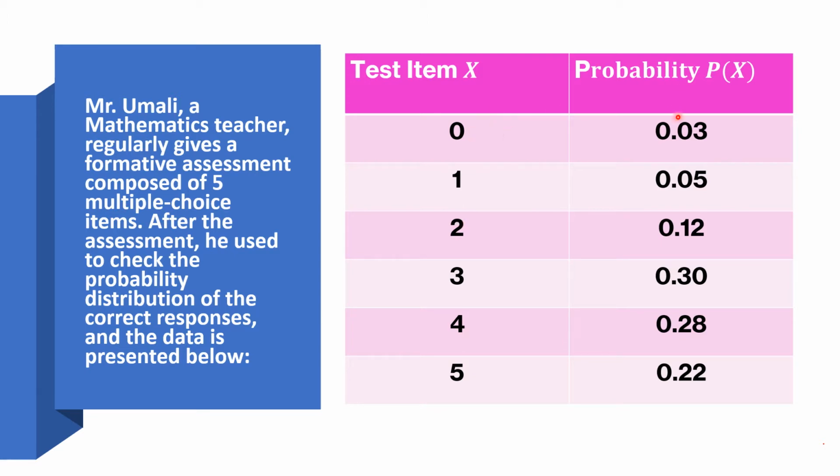The probability of getting a score of 0 is 0.03. The probability of getting 1 is 0.05. The probability of getting a score of 2 is 0.12 and so on. And the probability that the students get a perfect score is 0.22.